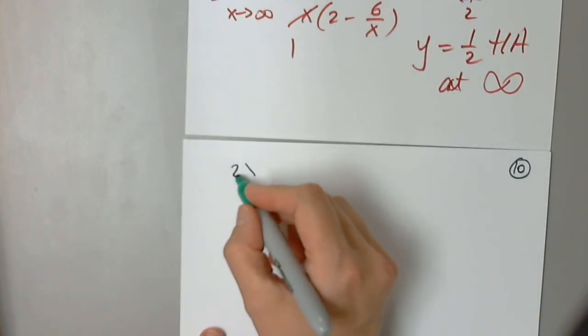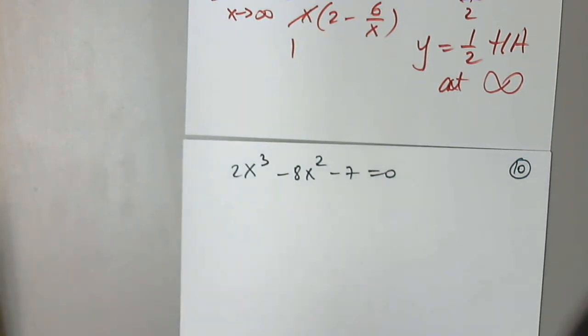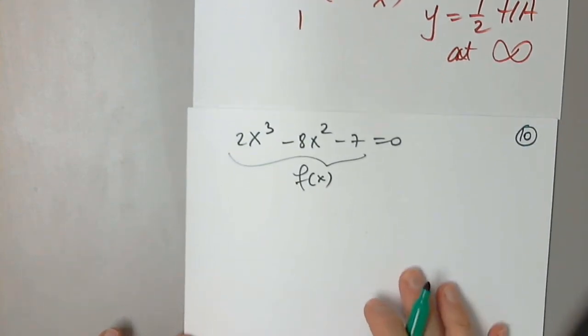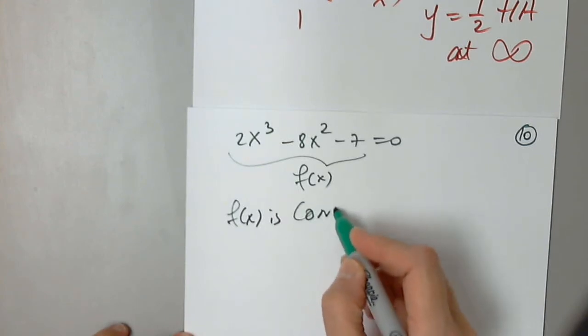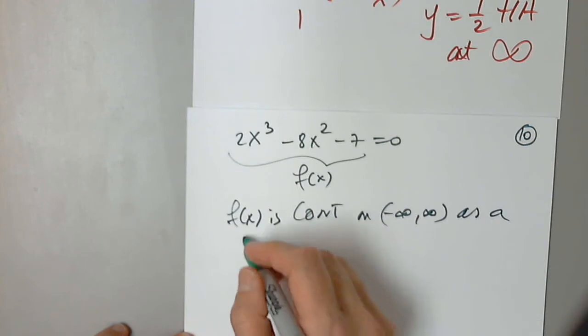So we have 2x cubed minus 8x squared minus 7 equals 0. I'm going to denote this by f of x. And I will definitely say that f of x is continuous on negative infinity to infinity as a polynomial function.